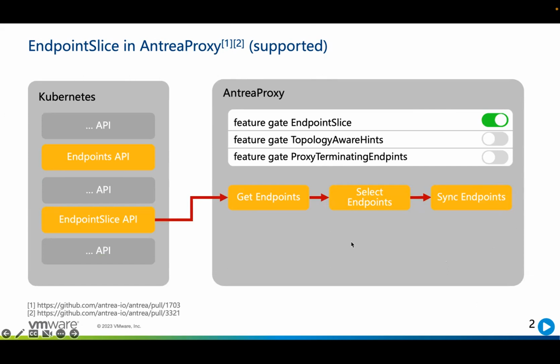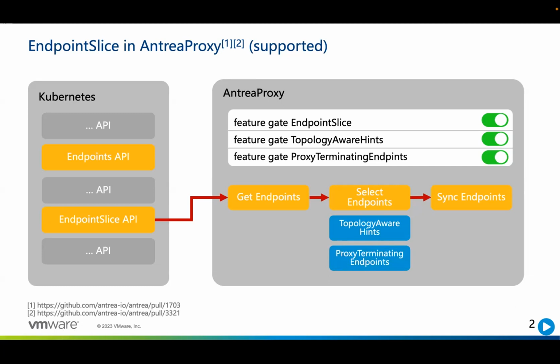By enabling this feature, more features like topology aware hints or proxy terminating endpoints can be used in Antrea Proxy. This can reach feature parity in the functionalities of Antrea Proxy.